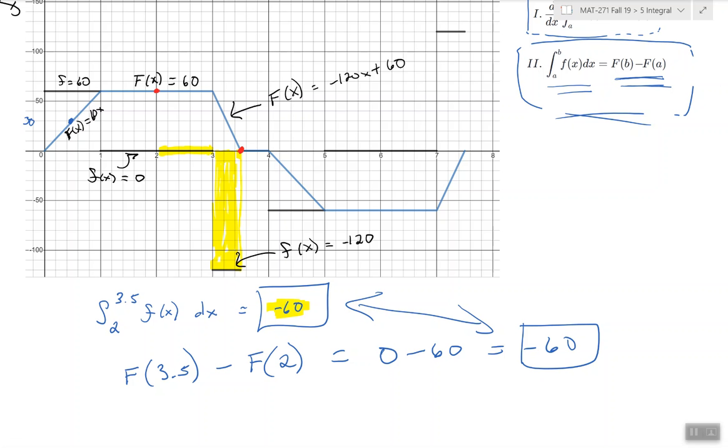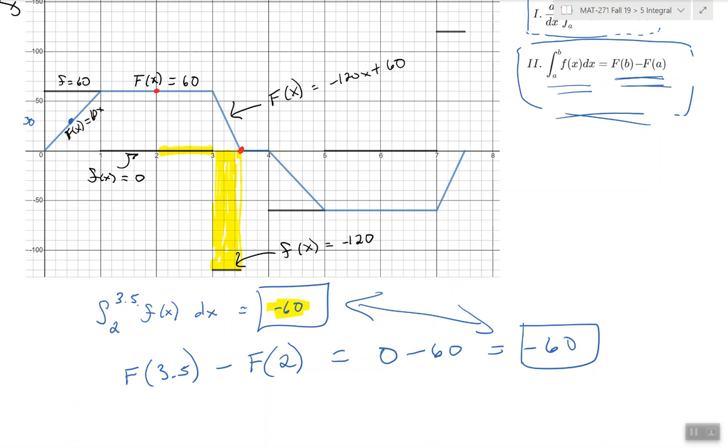If I move that up and down, the change in net area as we go from 2 to 3.5 does not matter. If I had any plus c here, I would have gotten the same value of negative 60.